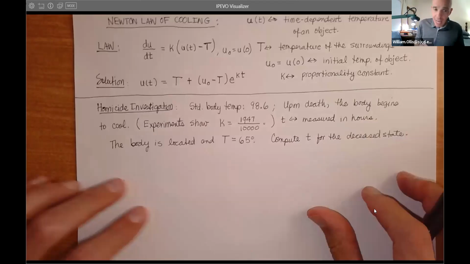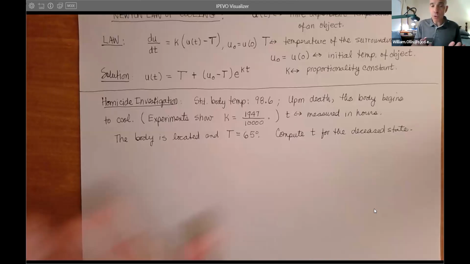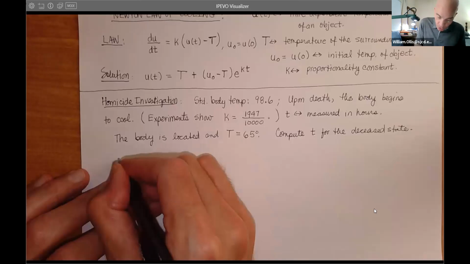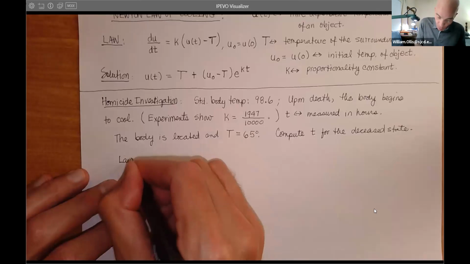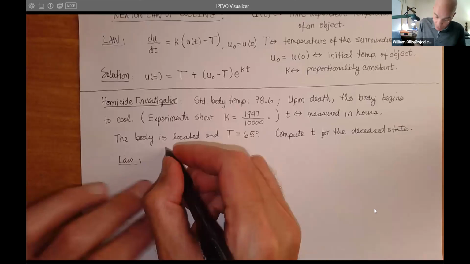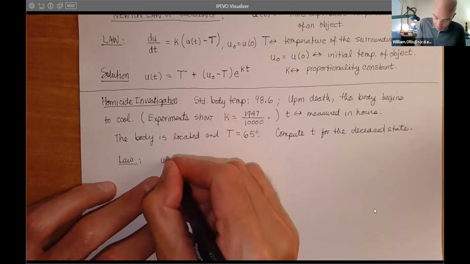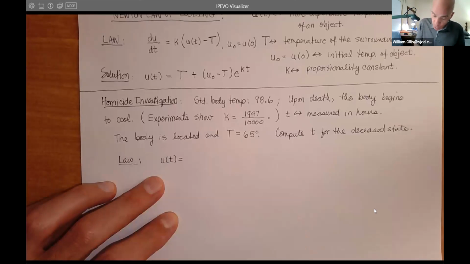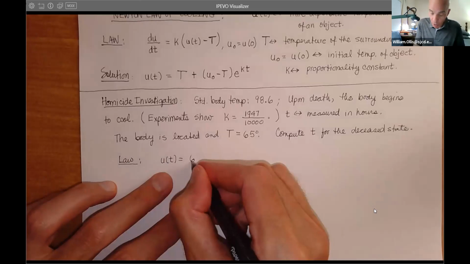So now we want to go ahead and write down a law. So let's do the law first. That'll be the first part. So we have U of T will be the surrounding temperature, which is 65. We just follow our law, 65.